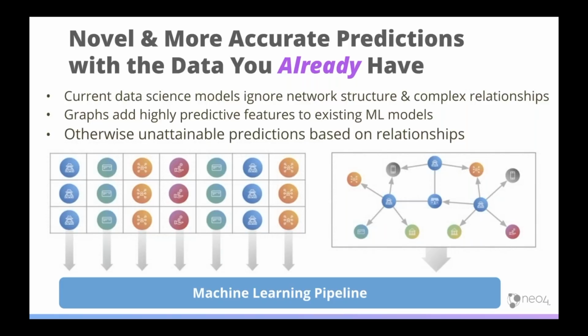A lot of current data science models actually don't look at the network structure of our data, and they basically throw out relationships. And doing that doesn't make a lot of sense if we know that relationships are highly predictive. So we can add that back in, essentially giving you more data with the data you already have by using graphs in your machine learning pipeline.